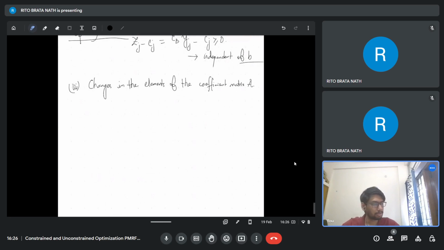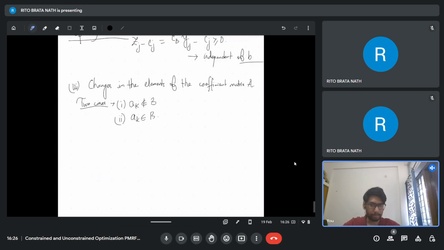Generally, there are two cases that arise here: whether ak doesn't belong to the basis, or the second case, ak belonging to the basis. And you have to do both the feasibility and optimality checks, and you will again get some ranges in which your optimal solution remains optimal.